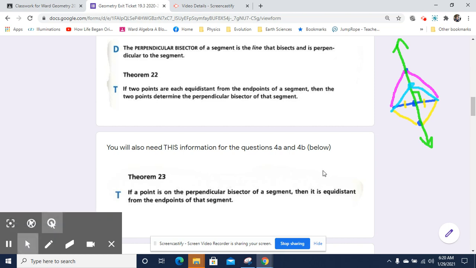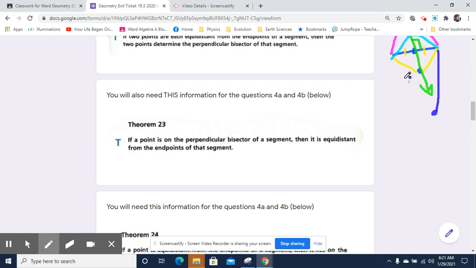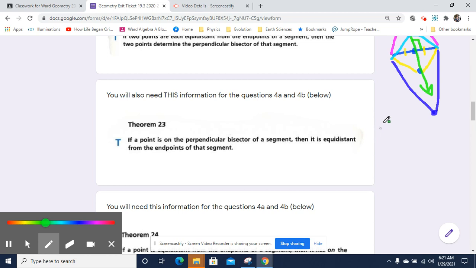And then finally, Theorem 24 says that if there's some other point that is also equidistant from the endpoints of that segment, then it lies on this line that is the perpendicular bisector. So we can extend this line on through it because we've just determined that it is also on the perpendicular bisector. So that's the lies on theorem, Theorem 24.